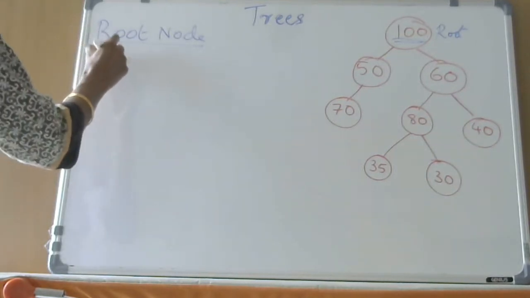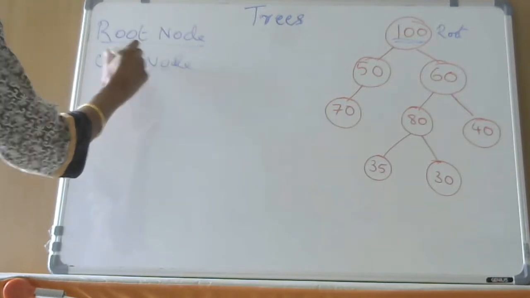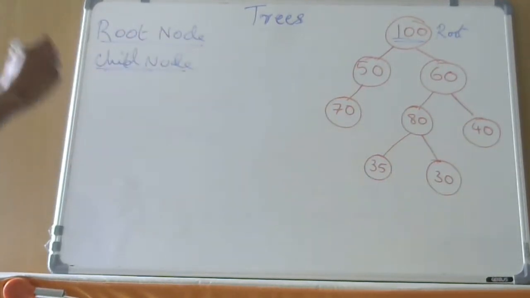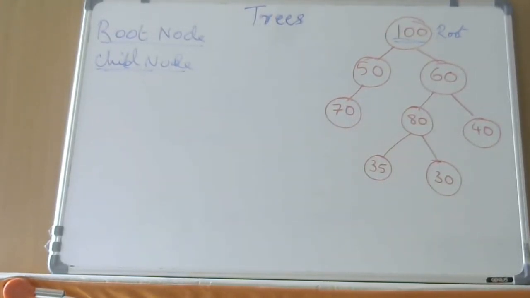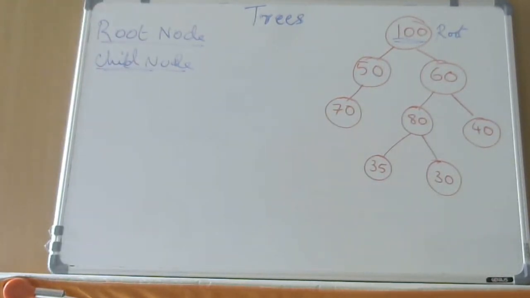The next terminology is the child node. The node obtained from the parent node is called the child node. A parent can have zero or more child nodes; a particular parent may not have any child at all, or it can have more child nodes.